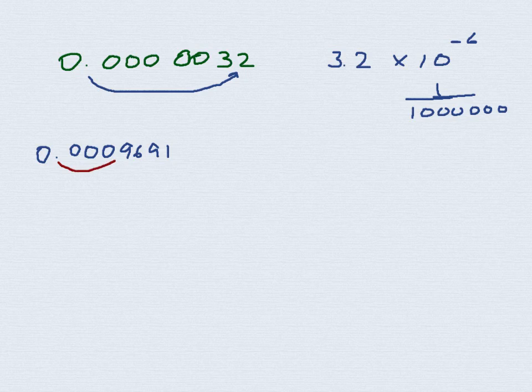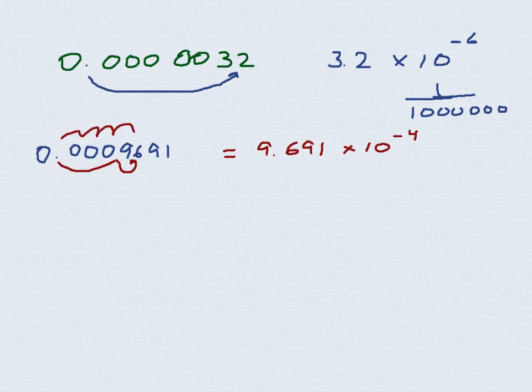You wouldn't move it after the 96, that'd be too big, but in between the 9 and the 6, that's going to become 9.691, which is a bigger number. So your exponent's got to be smaller to counterbalance that. And that would be a grand total of 10 to the negative 4 in scientific notation.